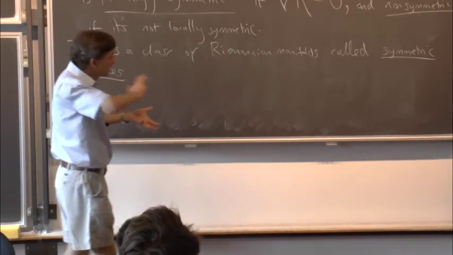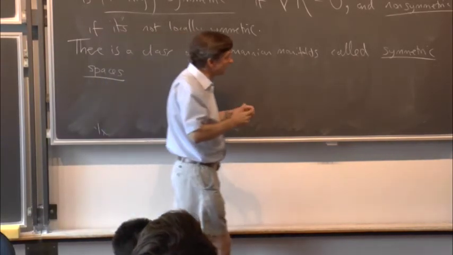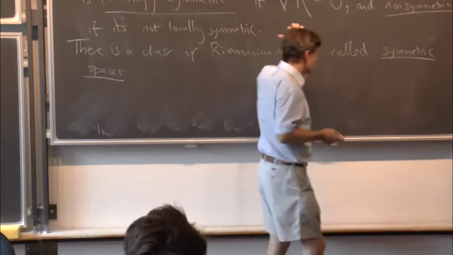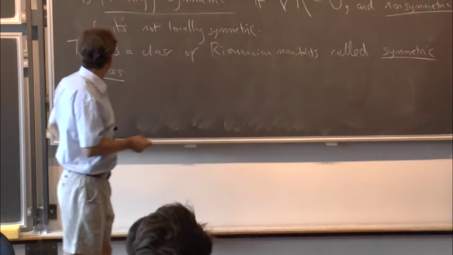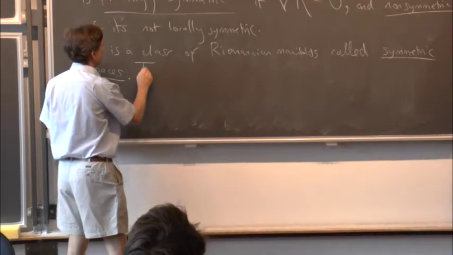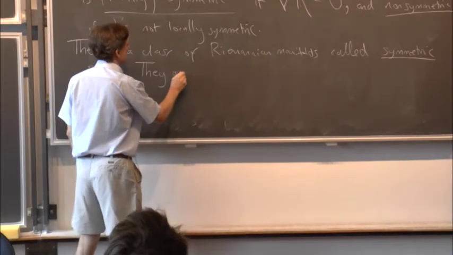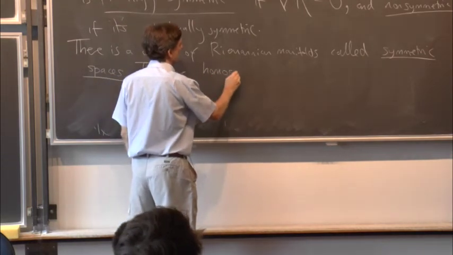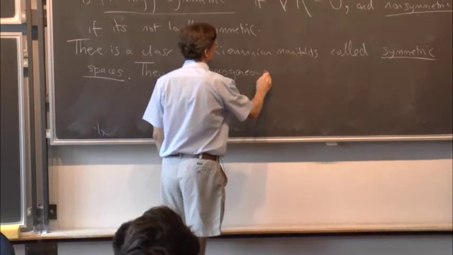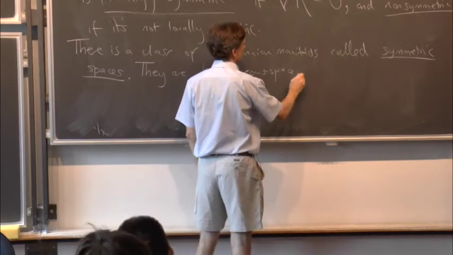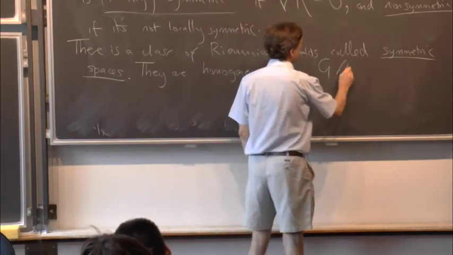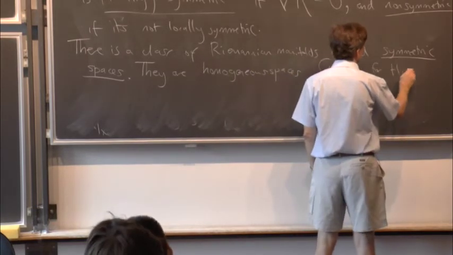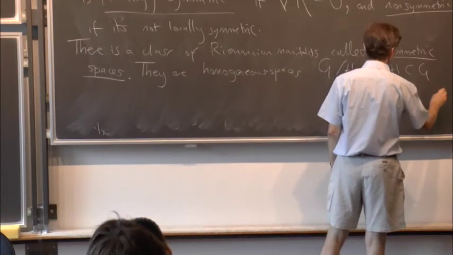At every point, there's a kind of reflection isometry which fixes that point and acts as -1 on the tangent space. So they are homogeneous spaces G over H for H contained in G Lie groups.